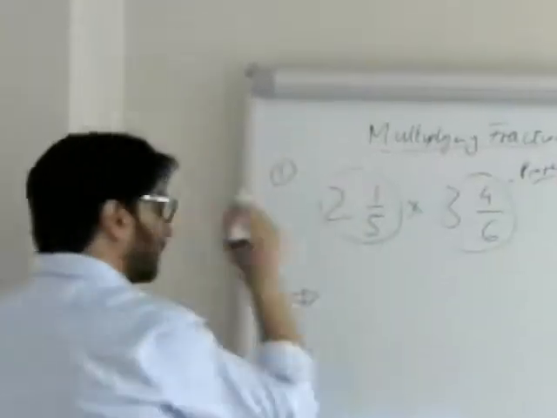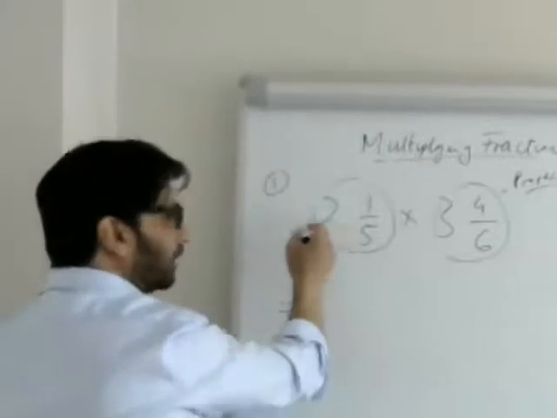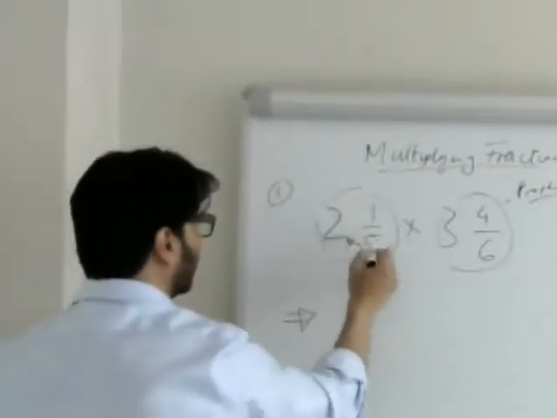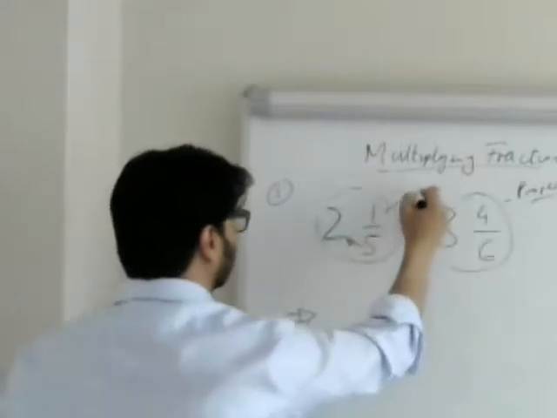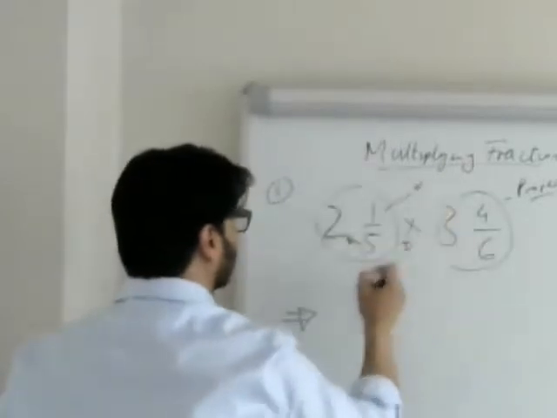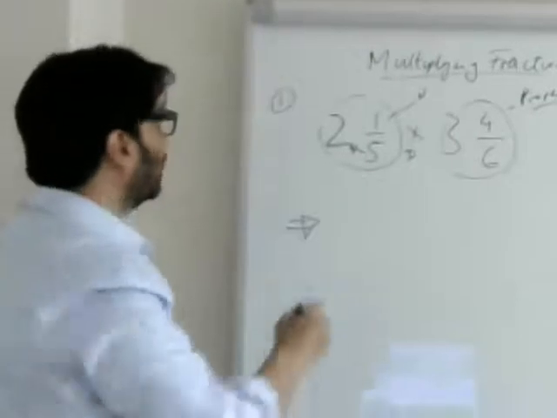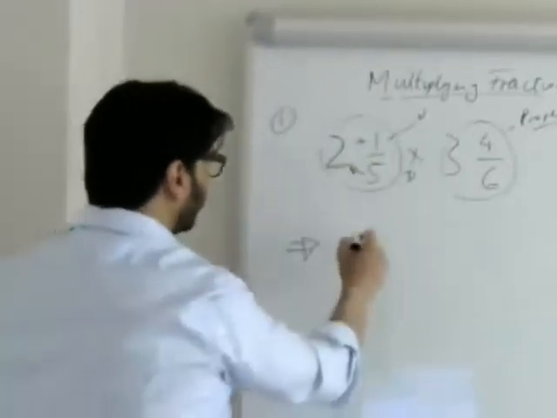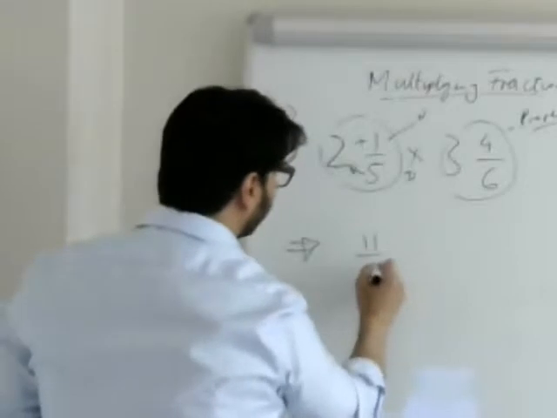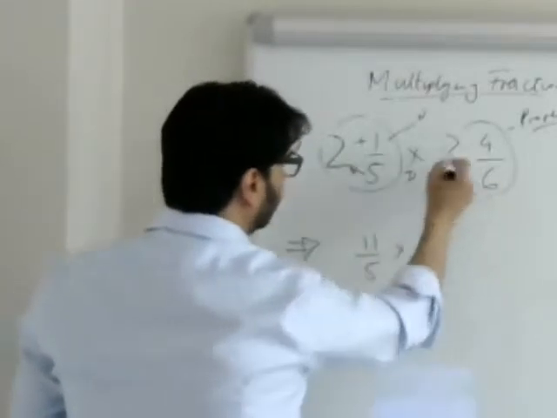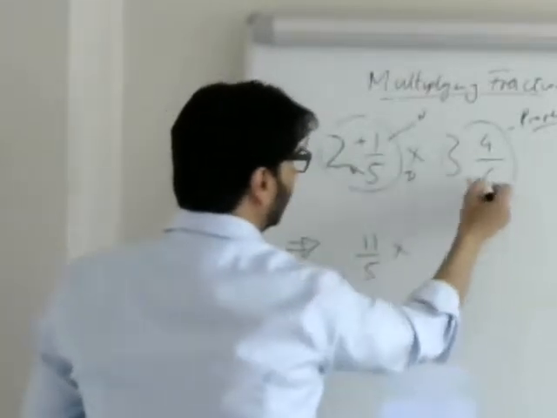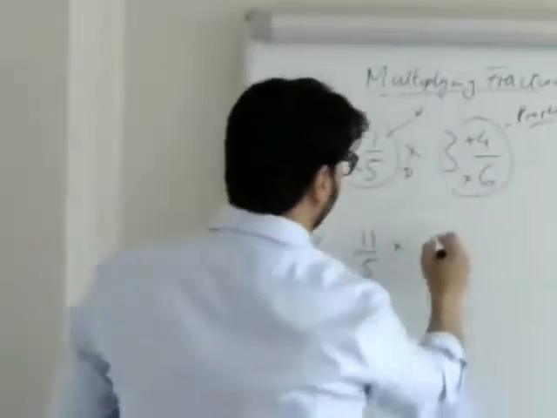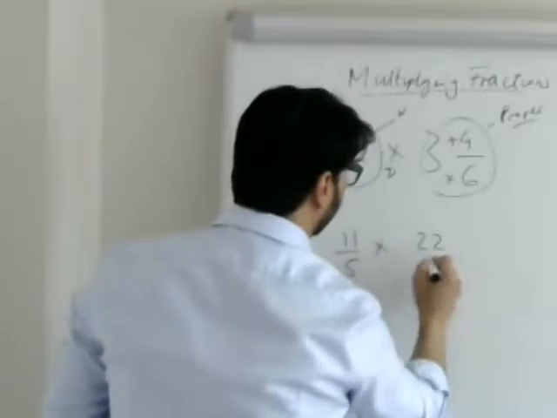Now what we need to do in this case is you have 5 times 2, you multiply the big number with the denominator, that's the numerator, that's the denominator. 5 times 2 is 10, and then the top part you add. So 10 plus 1 is 11 over 5. Multiply, 3 sixes are 18, you multiply again, 18, 18 plus 4 is 22. So you've got 22 over 6.